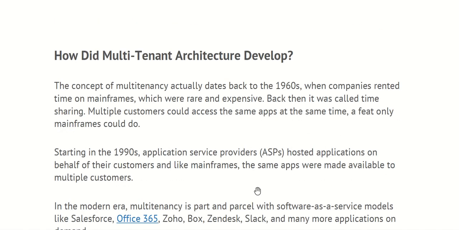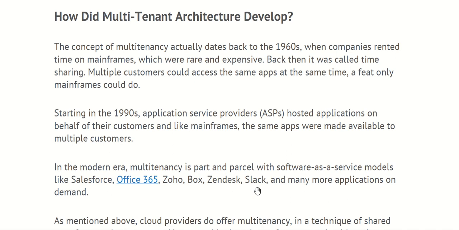Now, how did multi-tenant architecture develop? Okay. The concept of multi-tenancy actually dates back to the 1960s when companies rented time on mainframe computers, which were rare and expensive at that time. Back then, it was called time sharing. Multiple customers could access the same apps at the same time, a feat only mainframes could do.